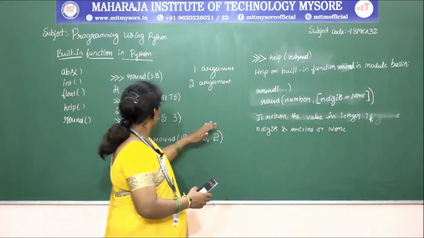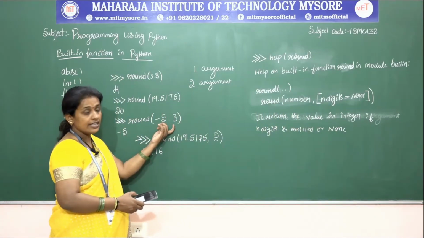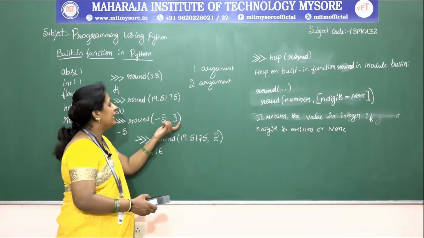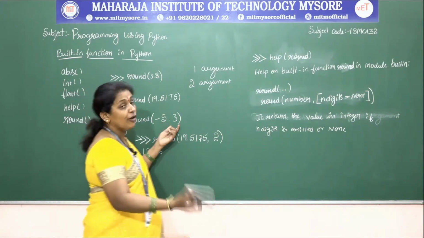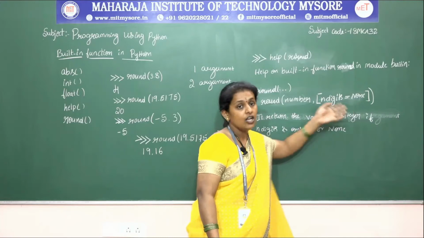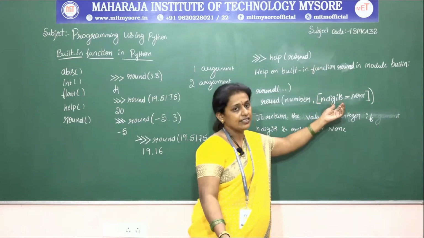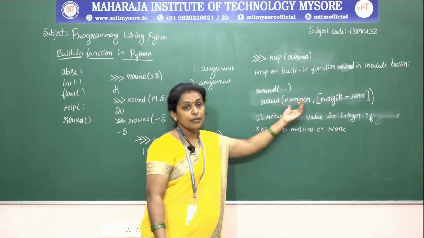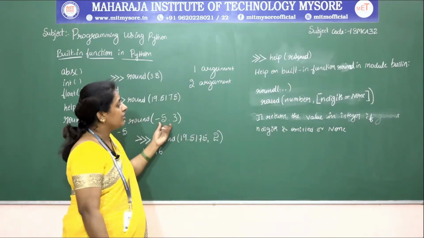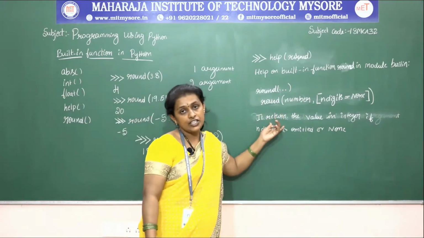So in this example I have not specified the n digits number. By default the value of n digits is None, which means nothing will be there, so only the number part will be executed and it will return the integer value.